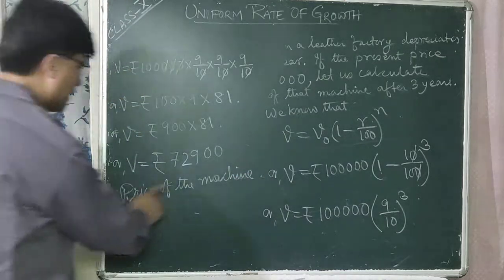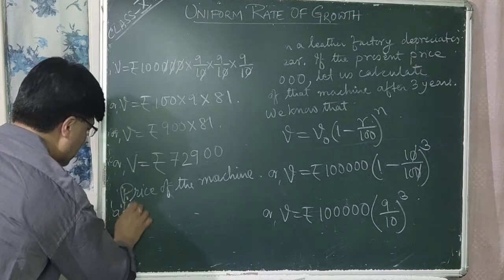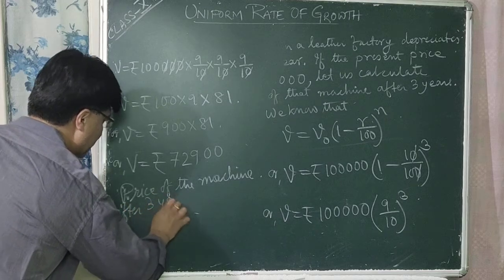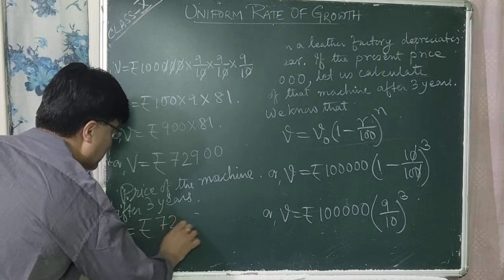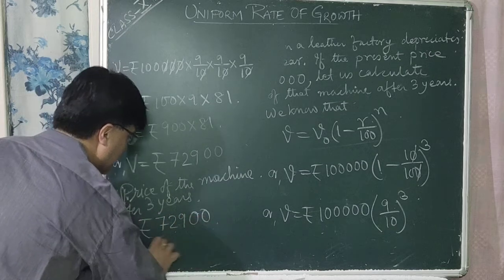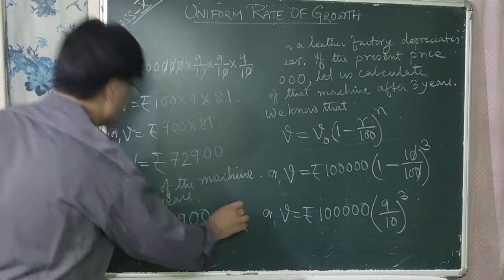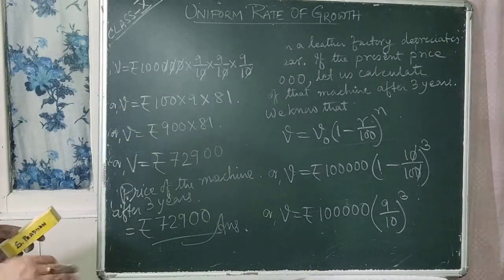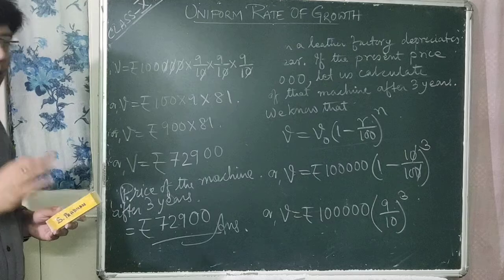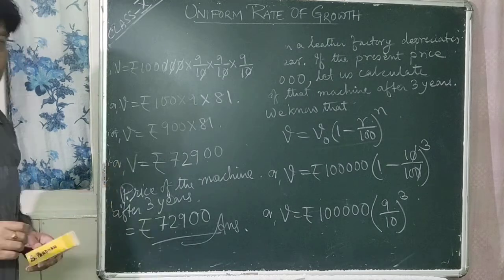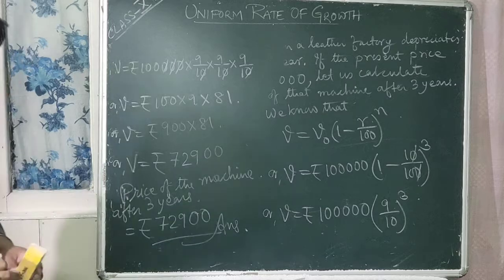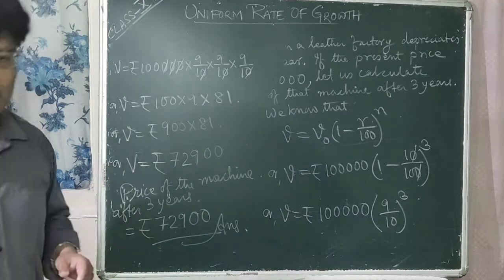Okay, price of the machine after 3 years is equal to rupees 72,900. This is the answer. So what is the price of the machine after 3 years? It will be rupees 72,900. So this is the final answer.